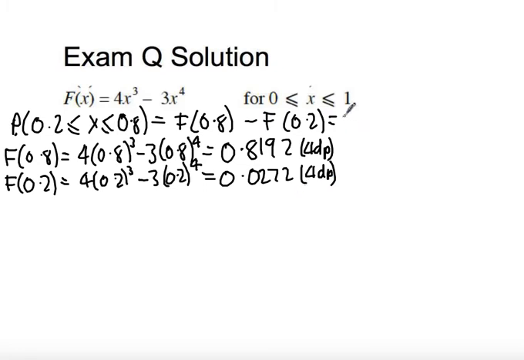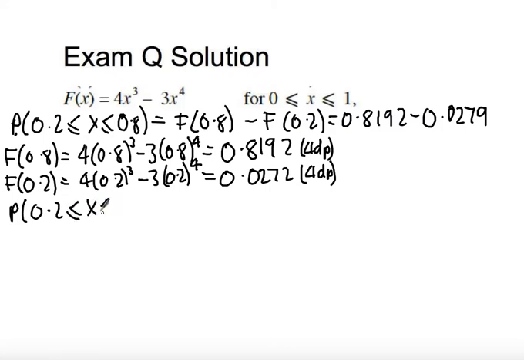So what we get as an answer is 0.8192 minus 0.0272. So finally, the probability that x lies between 0.2 and 0.8, we do the final calculation and we get an answer of 0.7920 to 4 decimal places.